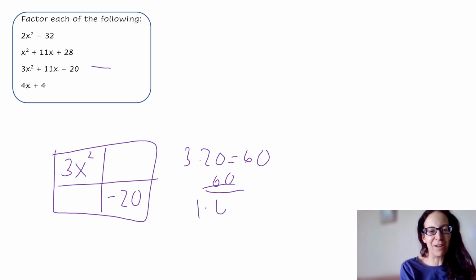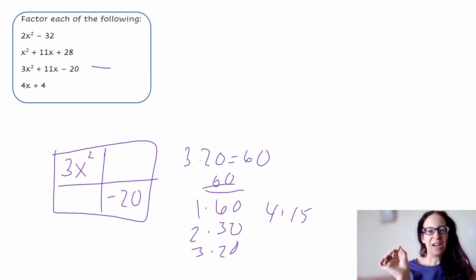So 1 times 60, 2 times 30. We're just on the lookout for something that will add up to give us an 11. 3 times 20, 4 times 15. I like 4 times 15. If I do -4 and +15, that should work.